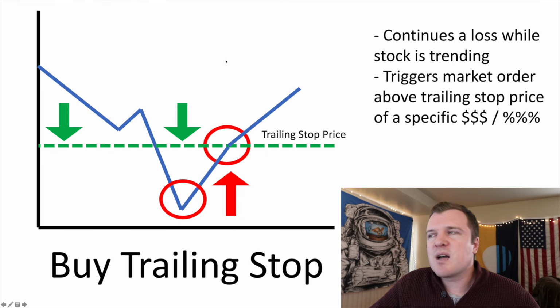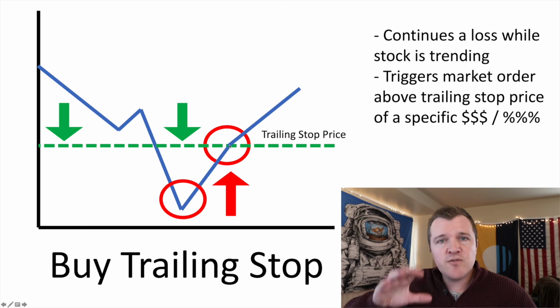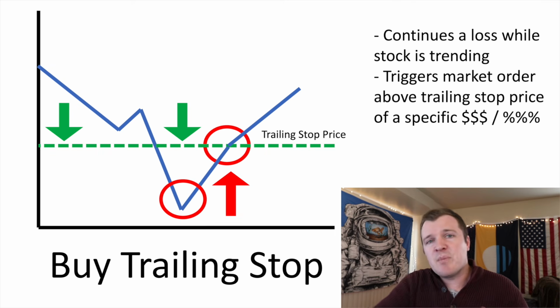So let's say we have stock XYZ, it was up here at $100, it then dropped down to 80, it then went up to 85, so it went up $5 from the local low. It triggered a buy order. You start buying into the stock after it's already bottomed out, or at least that's the idea of it.